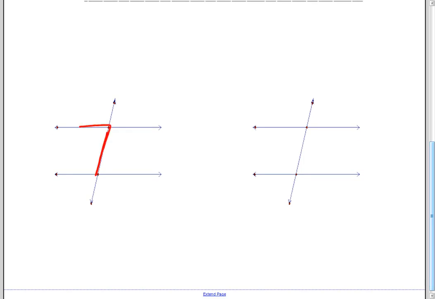Draw this shape on this one and this shape over here. How would you describe that pattern? What kind of letter does it look like?